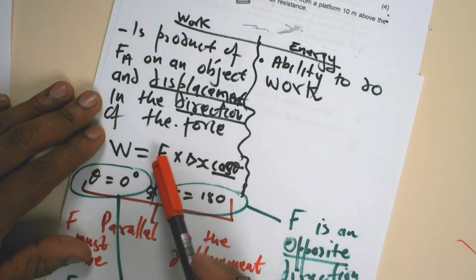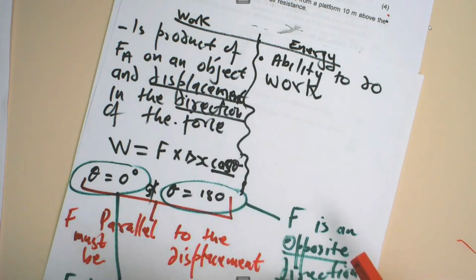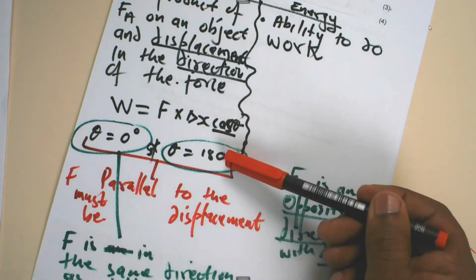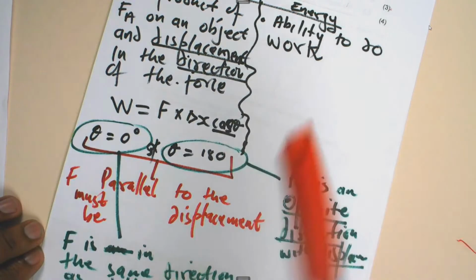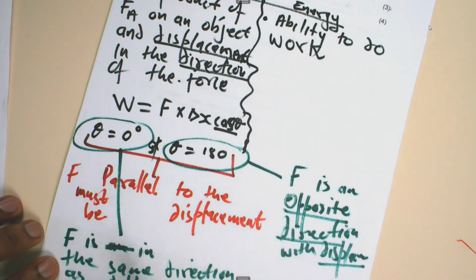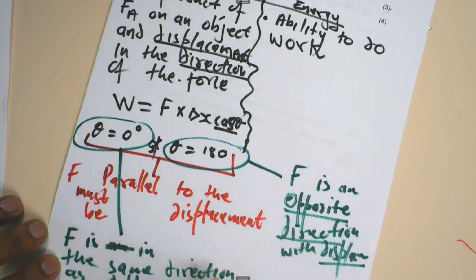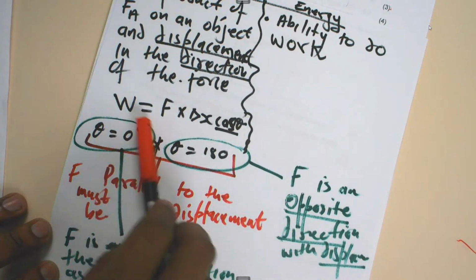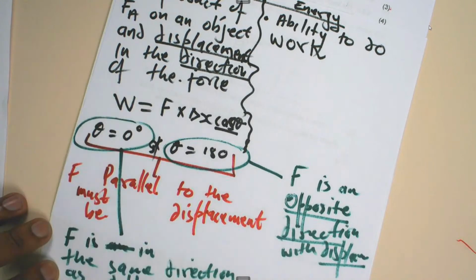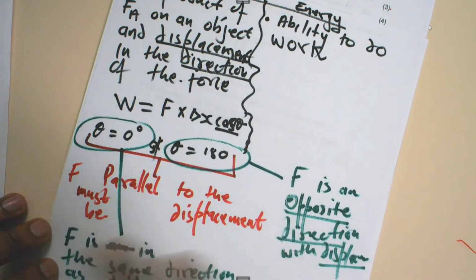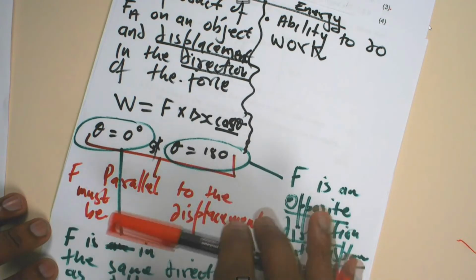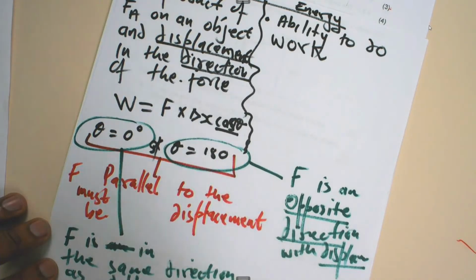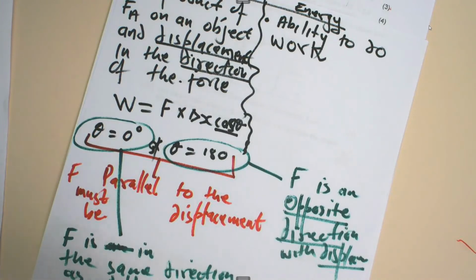So if the force is in an opposite direction with the displacement, we will use cos of 180. If the force and the displacement are in the same direction, then we will use cos of 0. So if this is clear to you, when to use 0 and when to use 180, it is easy for you to answer questions that follow.